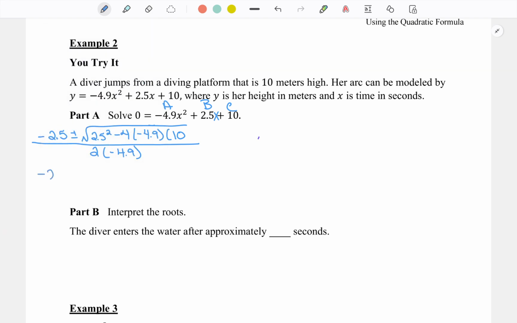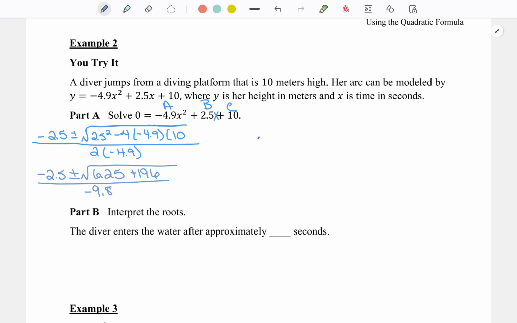So we have negative 2.5 plus or minus, and then we're going to start simplifying. So 2.5 squared is going to give us 6.25, and then negative 4 times negative 4.9 times 10 gives us 196. And that is all over 2 times negative 4.9, which is 9.8, and it's negative.